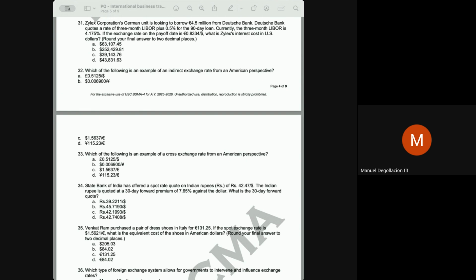But that is not what an indirect exchange rate from the perspective of a US dollar is. What we're looking for is the exchange rate that would give us the equivalent foreign currencies for one US dollar. And out of all the choices, the indirect exchange rate here is letter A.